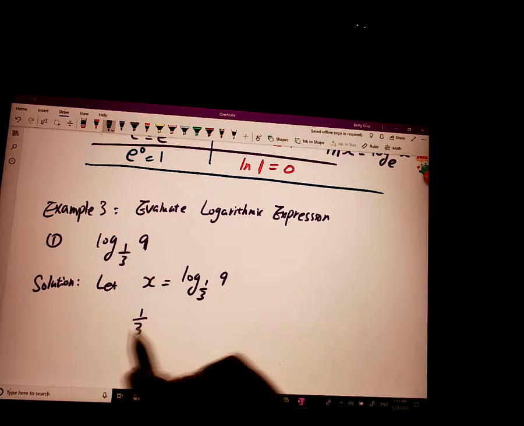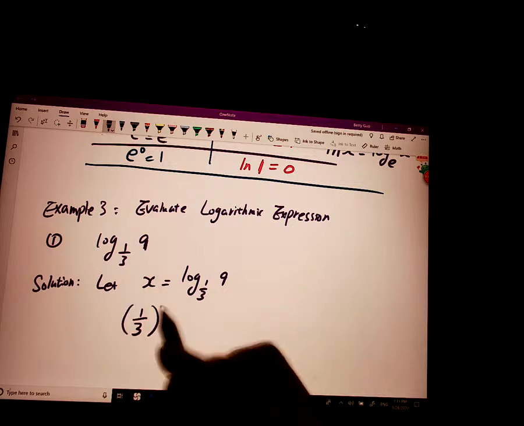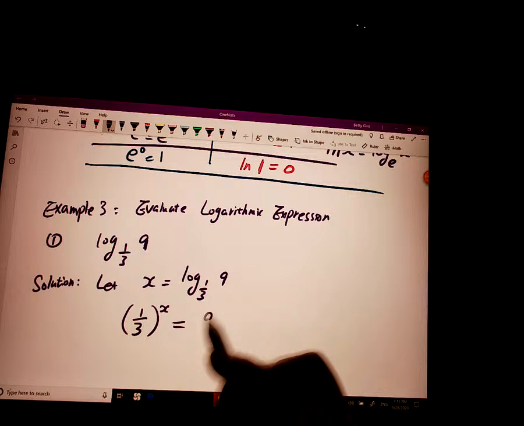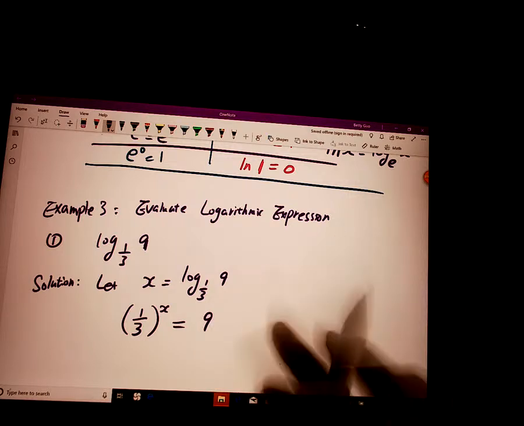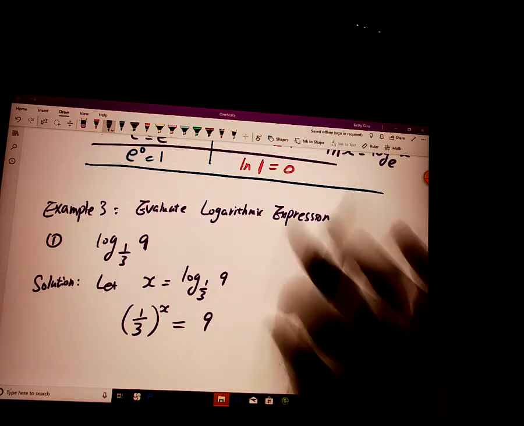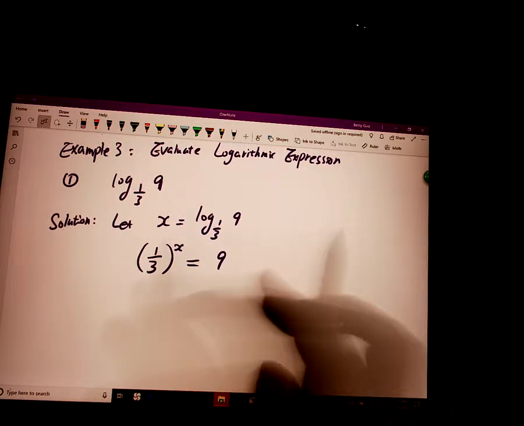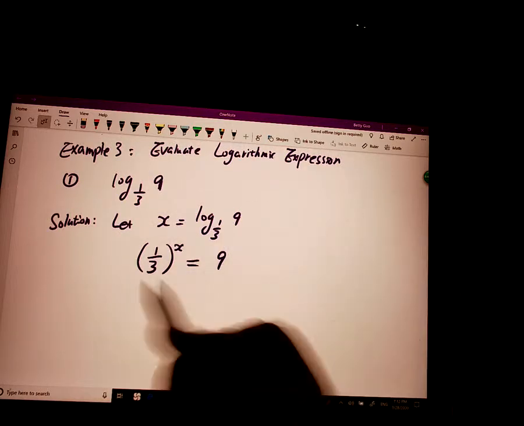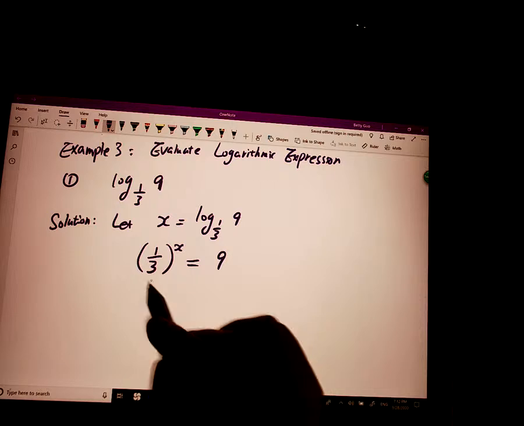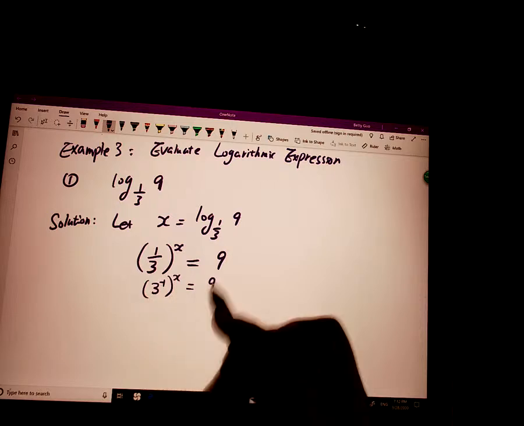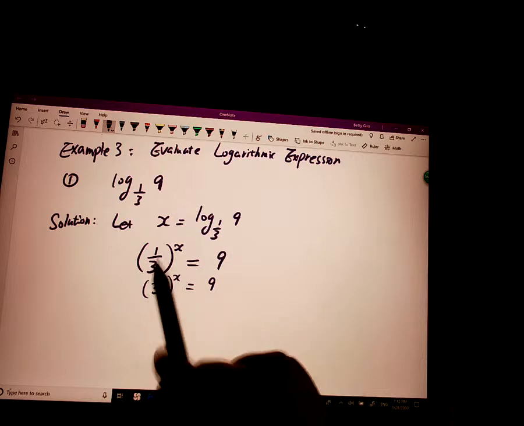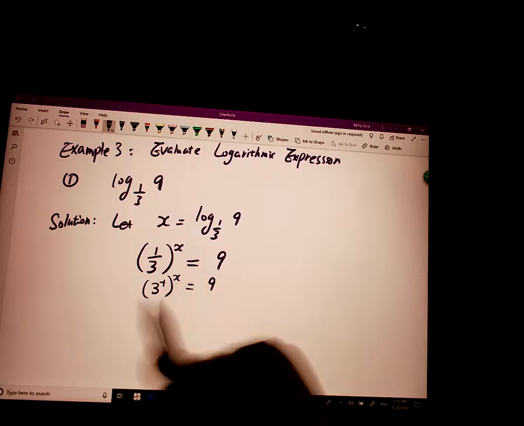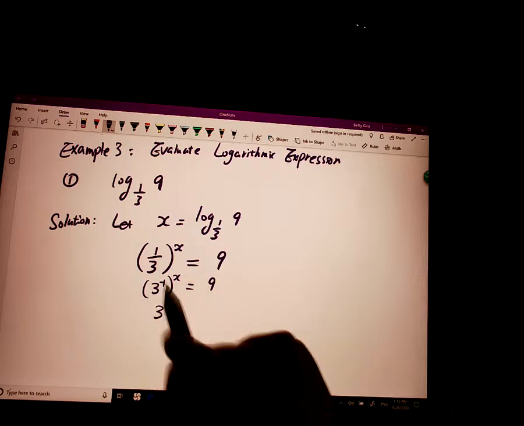So base is 1 over 3, the log is on the shoulder, equals the antilogarithm. So now we have an exponential equation, right? 1 over 3 can be written as 3 to the power of negative 1. In this step, I rewrote 1 over 3 as 3 to the power of negative 1, and I keep the base 3 and multiply the two exponents, negative x.